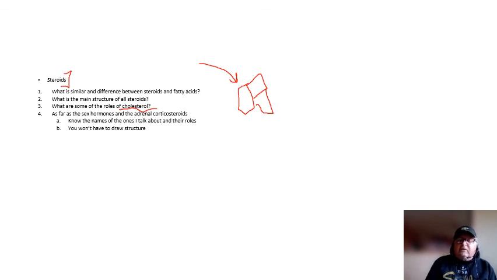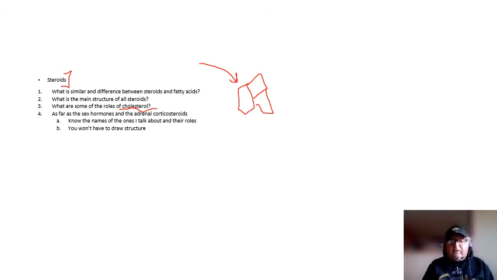So there's not a lot here that you need to know. About the steroids, you just have to know their shape and some of their functions. As far as specifically about sex hormones and adrenocorticoids, you just have to know what testosterone's role is, what estrogen's role is, and what progesterone's role is.